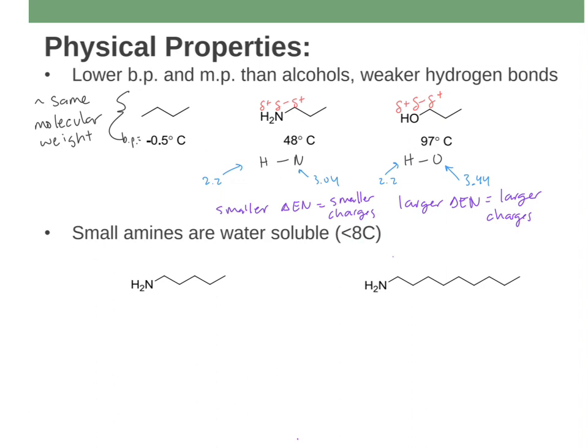Also, smaller amines are water soluble. They can hydrogen bond with water. So if you have two amines like this, maybe I should draw this out a little bit more.